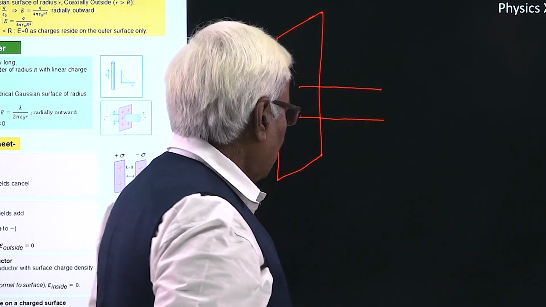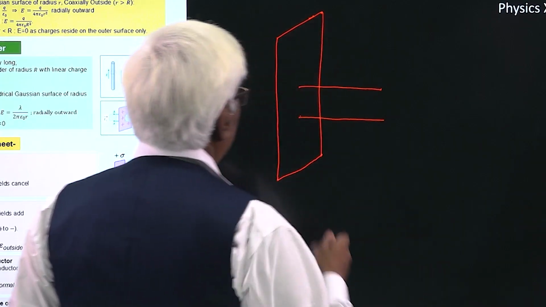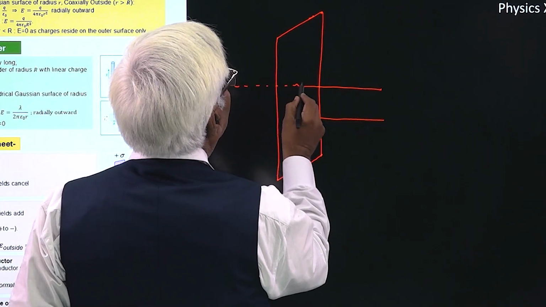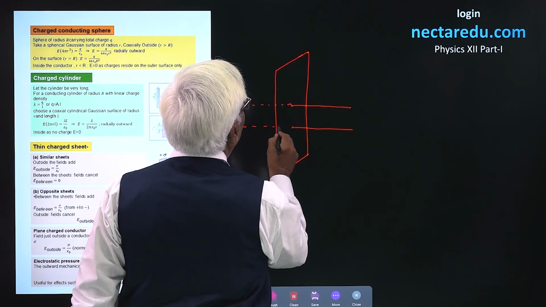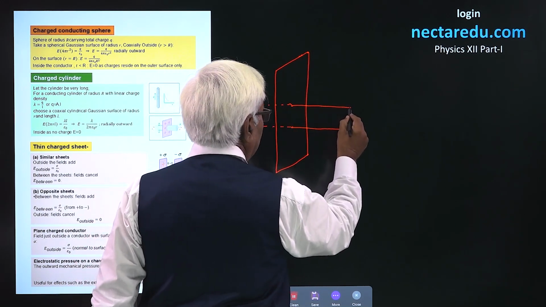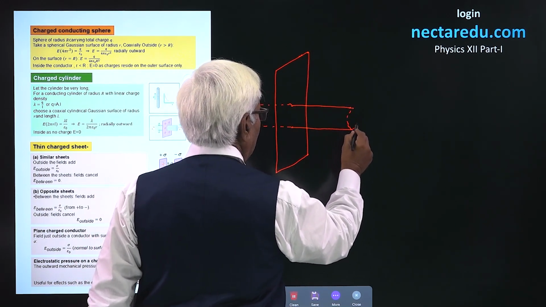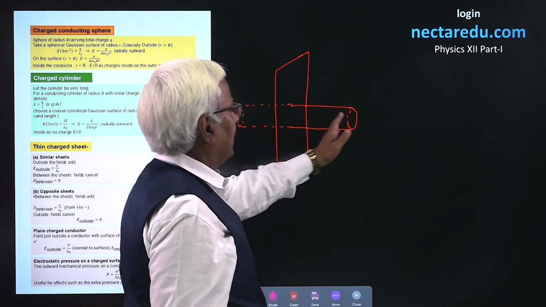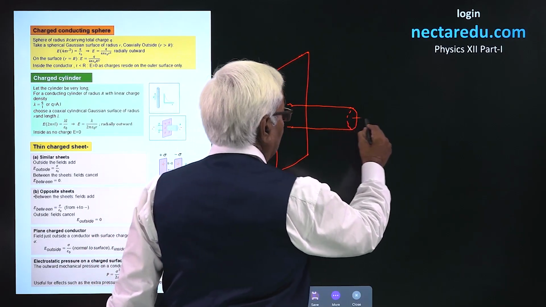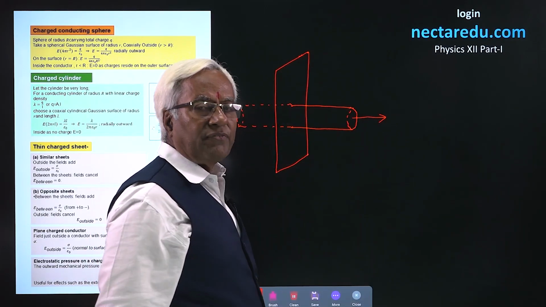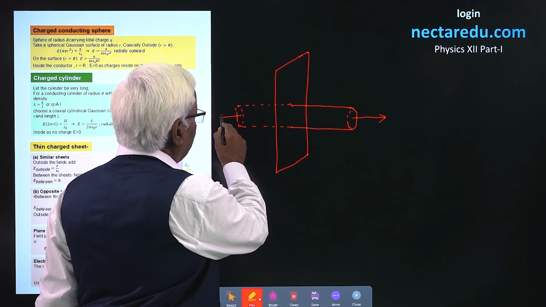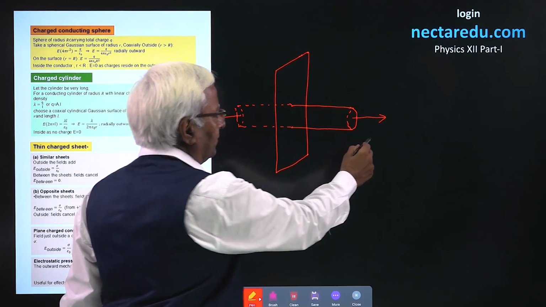So, in that case, we'll show that cylinder coming across the sheet. One portion we have shown behind by dotted line, discontinuous line, and one portion we have shown by the continuous line. You see, for the cylindrical Gaussian surface that we assume, the area vector is going to be outward always.